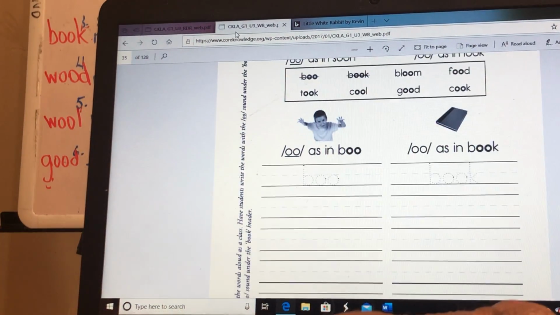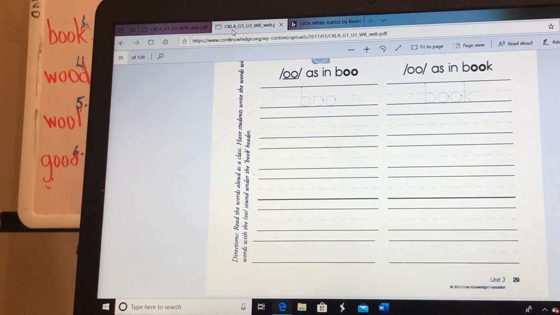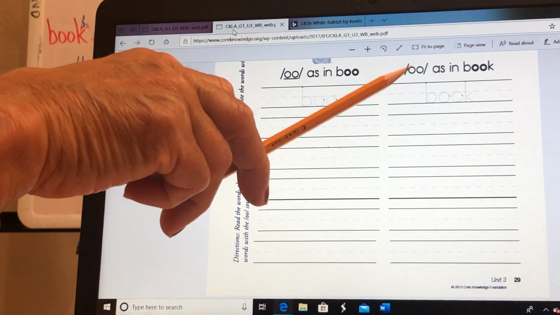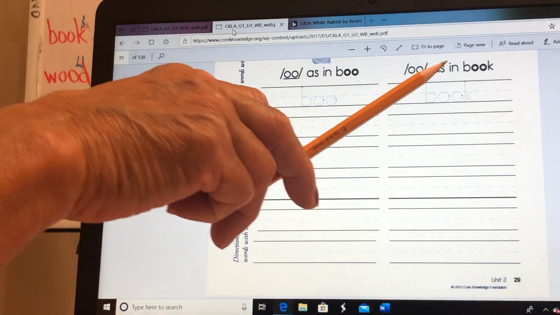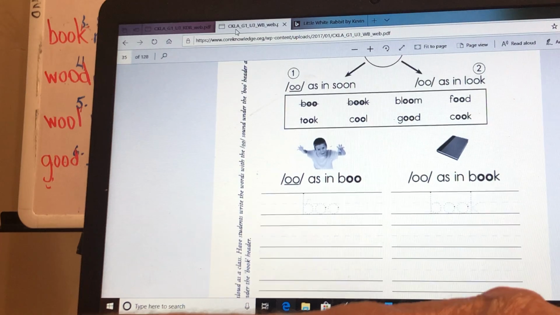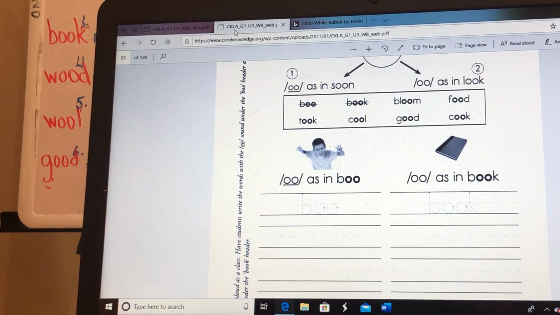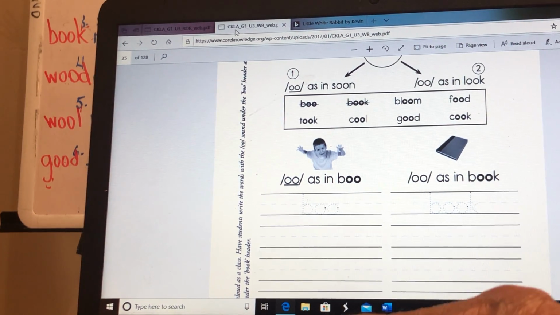And you can write this on a sheet of paper if you want. Here is oo as in boo, and ook as in book. And you're going to look at those words at the top, and you're going to write all of the words that have the oo sound under boo, and all of the words that have the ook sound as in book.